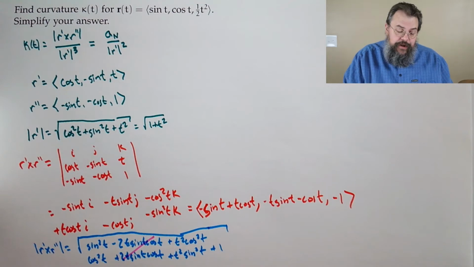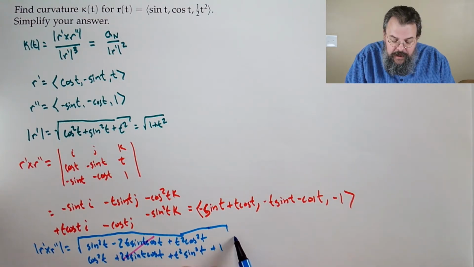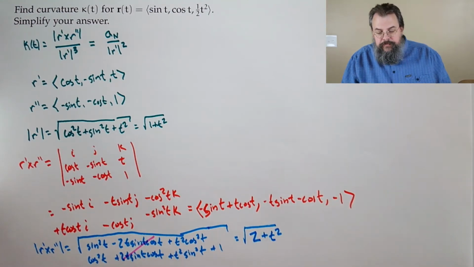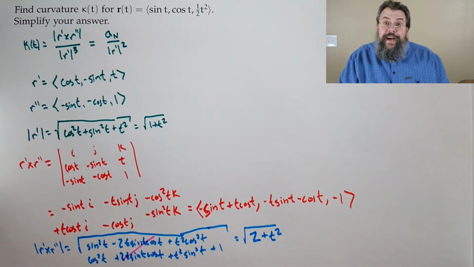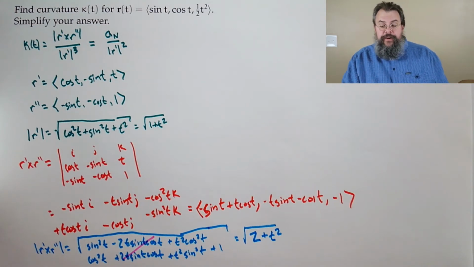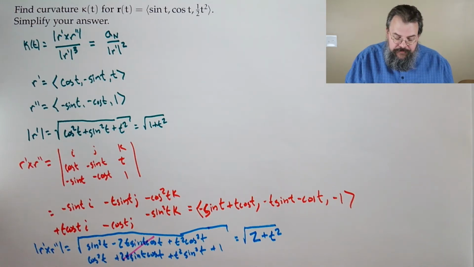Great. So when you put it all together, what do we end up with? Well, we end up with the square root of 2, because you have sine squared, cosine squared, and 1. Put that together is 2, plus, and then you have t squared. So we have our magnitude of r prime cross r double prime. We have our magnitude of r prime. We put it all together, and we get our answer.